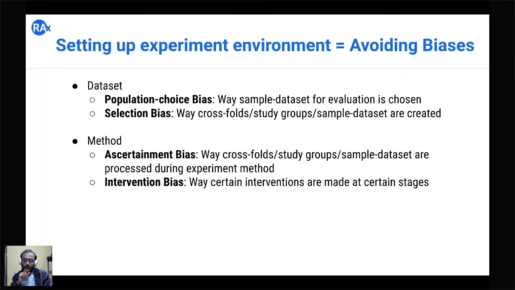The second kind of bias, which is related, is intervention bias, and that happens in clinical trials and all, but in other kinds of cases also, where you might want to intervene manually while the experiment is going on at different stages.